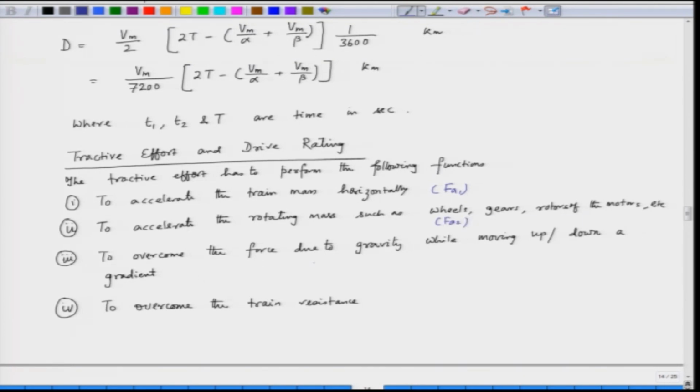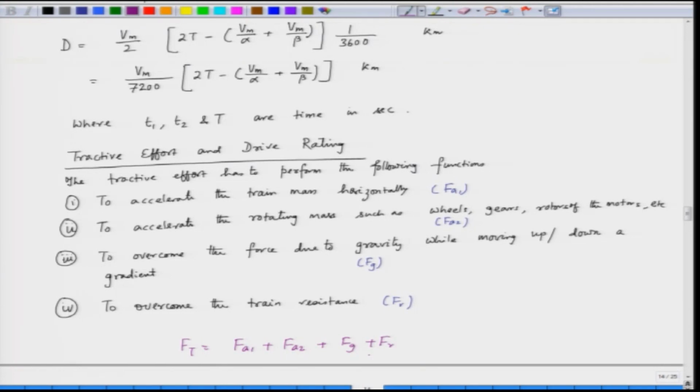To overcome the tractive effort due to gravity, let us call this F G, and to overcome the train resistance, let us call this F R. So, the total tractive effort is the summation of all these components: tractive effort is equal to F A1 plus F A2 plus F G plus F R.